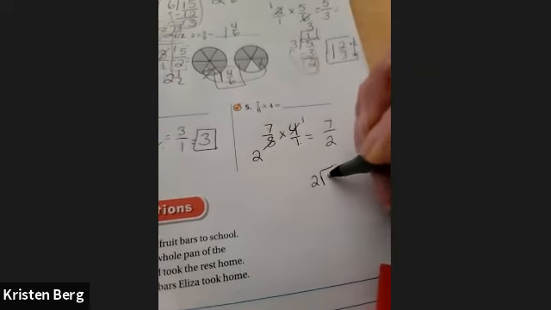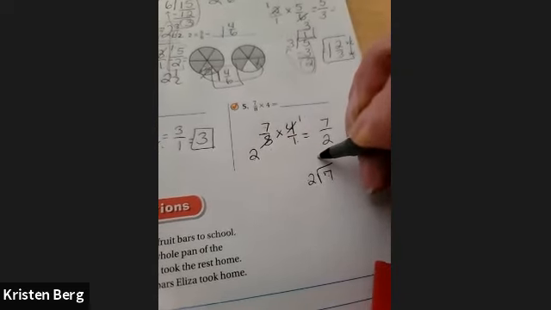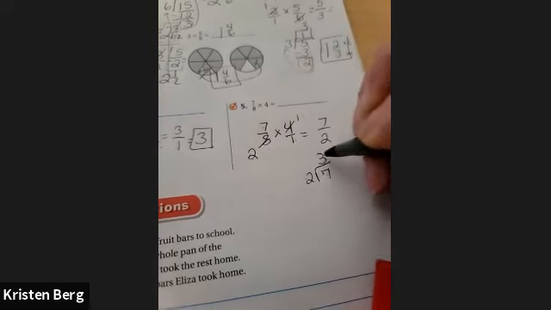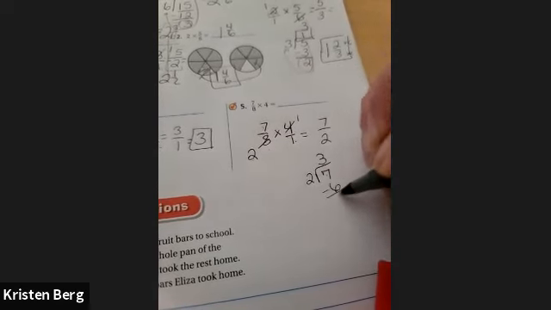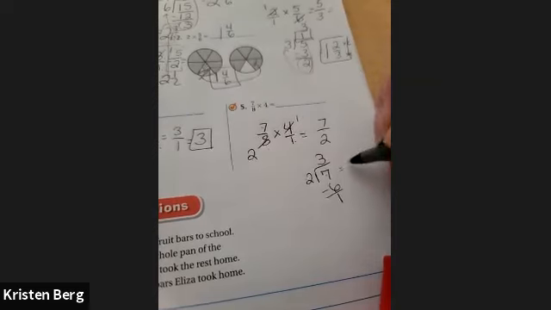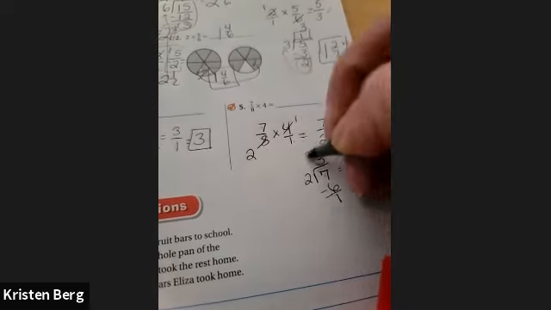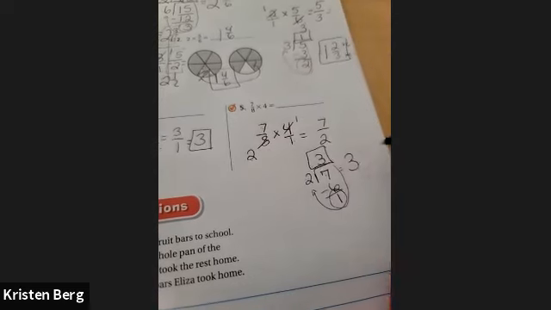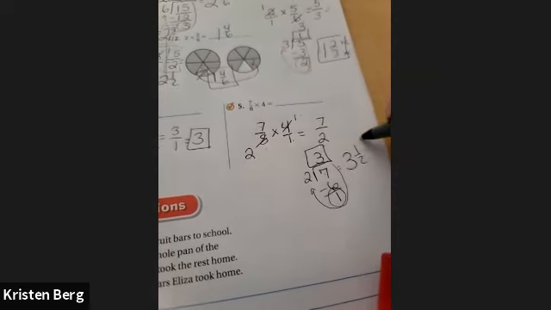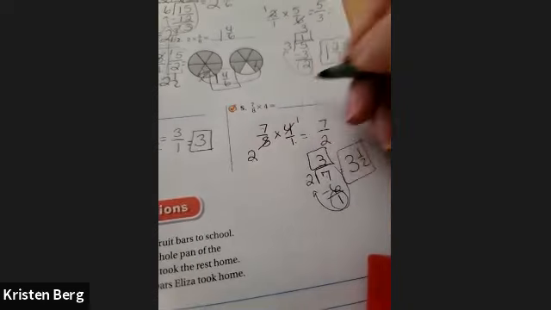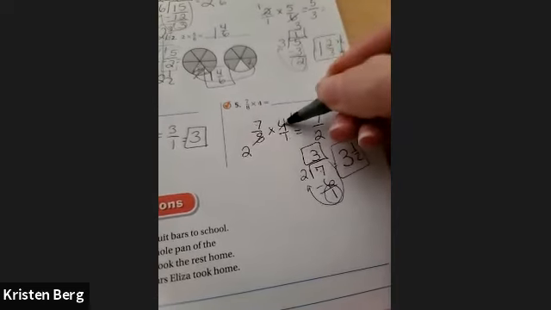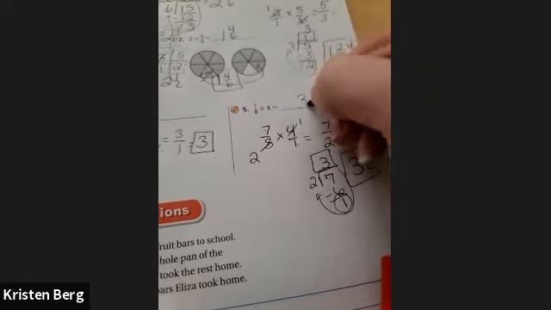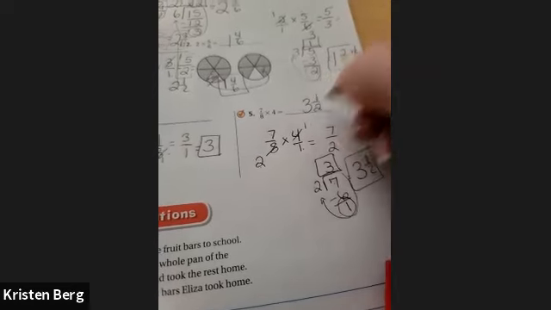So I'm going to divide it out. How many 2's go into 7? That would be 3. 3 times 2 is 6 with 1 remaining. So my answer would be 3 wholes, and then my fractional part is 1 out of 2. So it'll be 3.5, which is smaller than my 4 wholes.